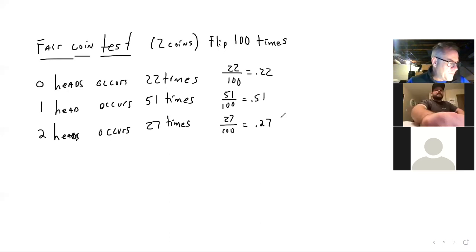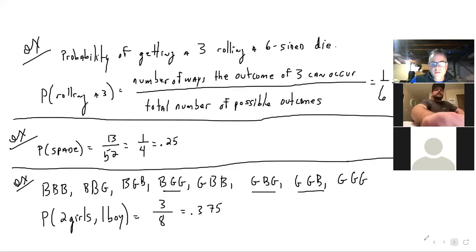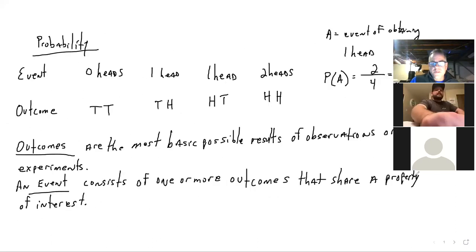So if I compare these relative frequency probabilities, the data we actually came up with flipping 100 times, to the theoretical probabilities, I'm going to flip the pages back real quick. It's actually on the first page. Here, I calculated the probability of obtaining 1 head flipping 2 coins, and it was 50%.